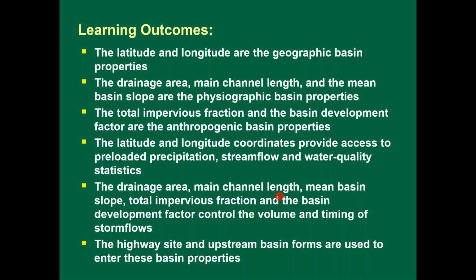You can do a lot of it without any GIS skills. And you can always get out a map and pencil, and that's how these basin properties were done for the flood studies, back into the 80s and 90s before GIS was widely available.